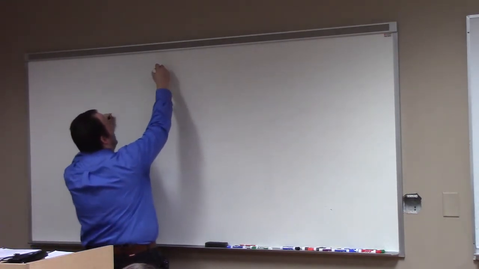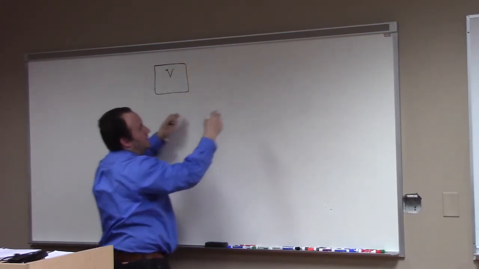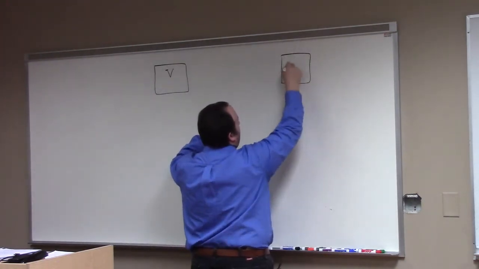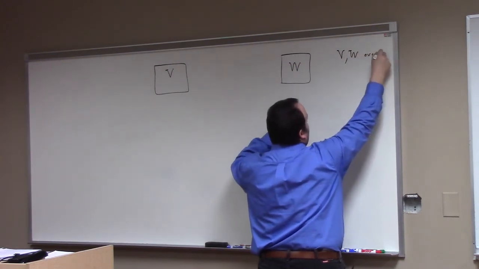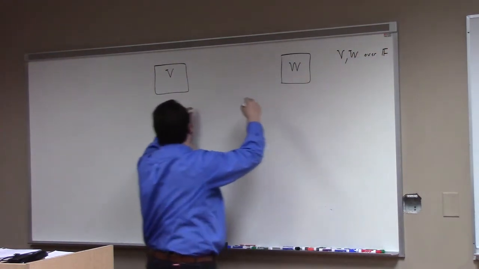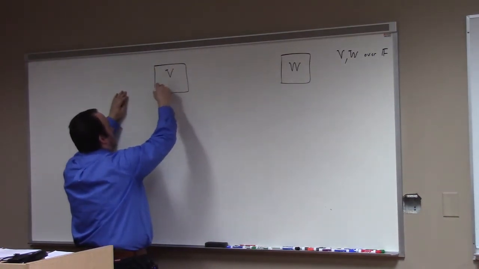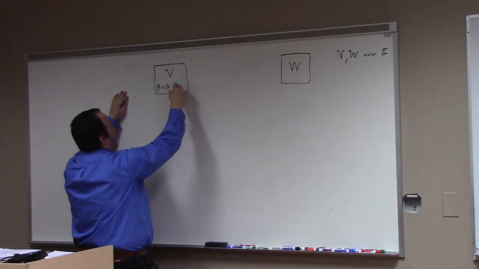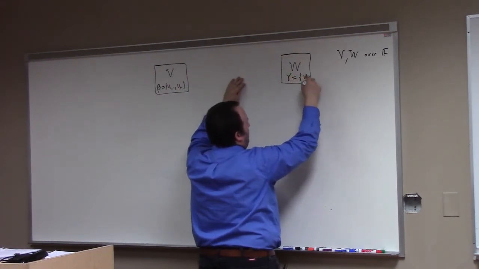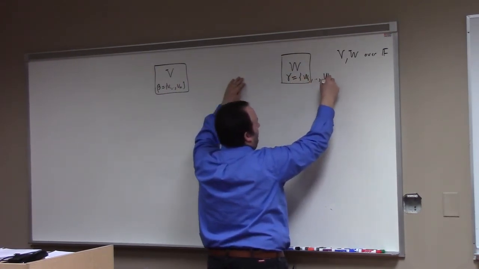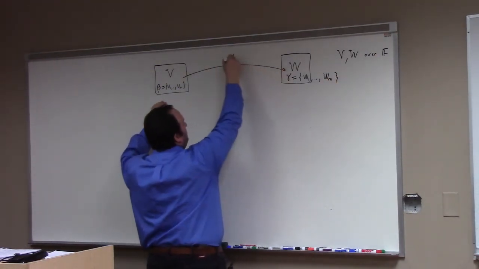So, if we have a linear transformation from V to W, V and W over F, and let's suppose that V has basis beta equal to V1 through Vn, and that W has basis gamma, say W1 through Wm, all right? So we're given a linear transformation to go from here to here.